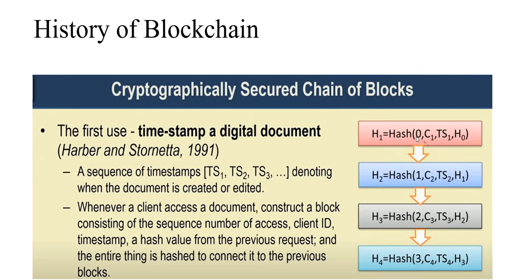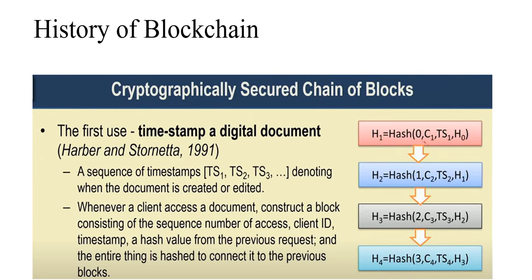So we provide the 4 parameters to the hash function, and out of which we generate the hash value of this first block, and we have given the name h1.